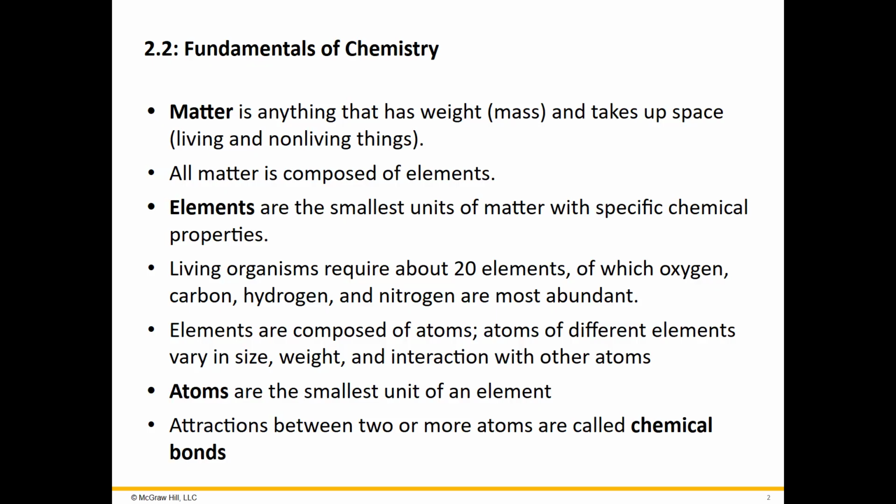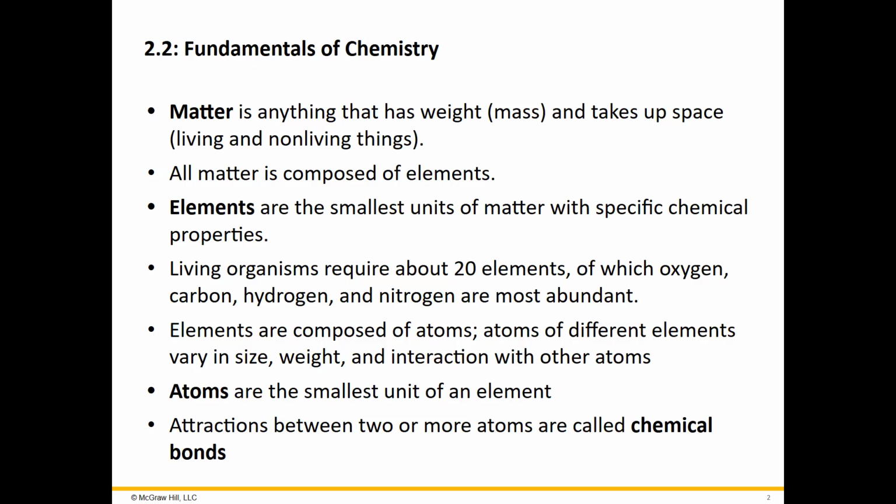Living organisms require about 20 elements. Oxygen, carbon, hydrogen, and nitrogen are the most abundant. I don't need you to know that hard fact, but know that in living humans, oxygen, carbon, hydrogen, and nitrogen are the most abundant. We are carbon-based life forms, hydrocarbon specifically, and we breathe oxygen, and nitrogen is in our atmosphere.